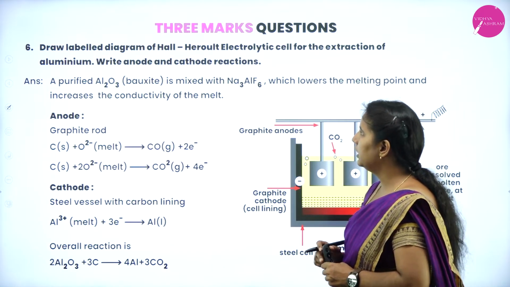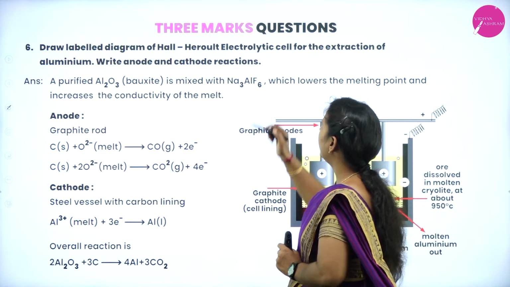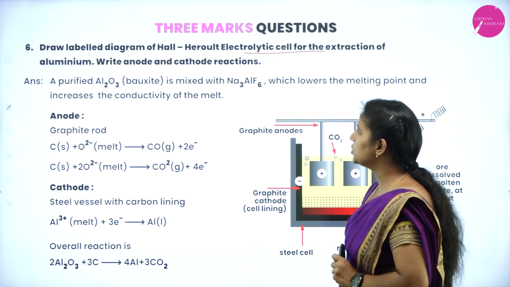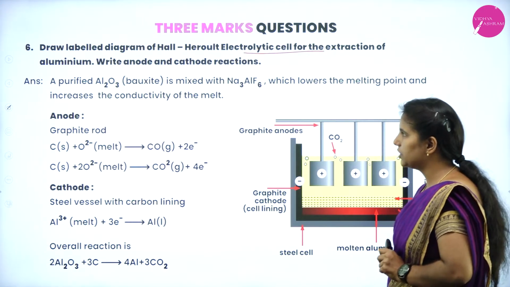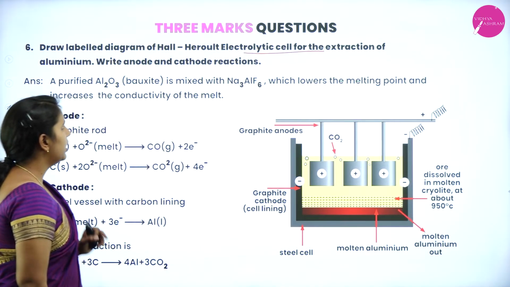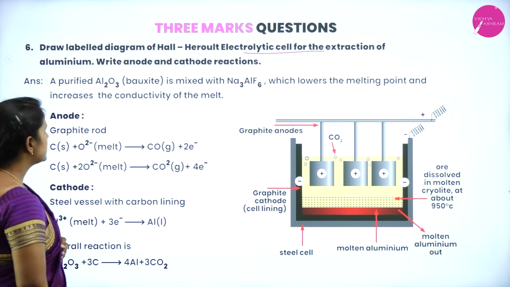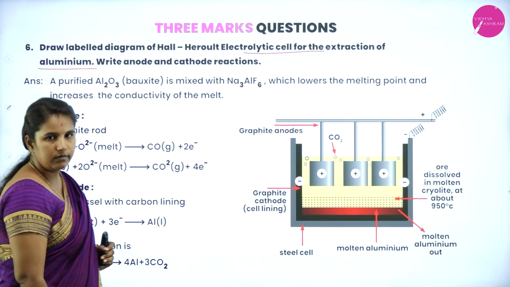Next question. Draw the labeled diagram of the Hall-Héroult electrolytic cell for the extraction of aluminium and write the anodic and cathodic reactions. So we all know that the Hall-Héroult process, the electrolytic process, is used for the extraction of aluminium.